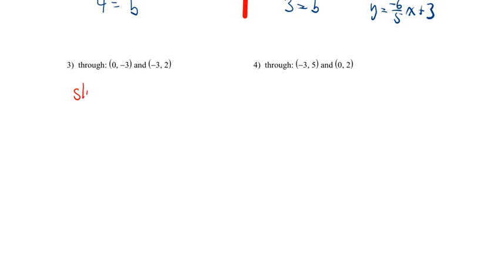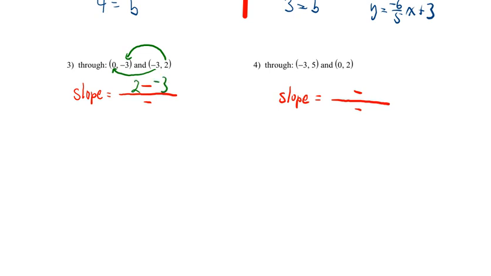Slope equals, we're always going to be subtracting. Slope equals, and we subtract the y's on top and the x's on the bottom. 2 and -3. On the bottom, -3 and 0.